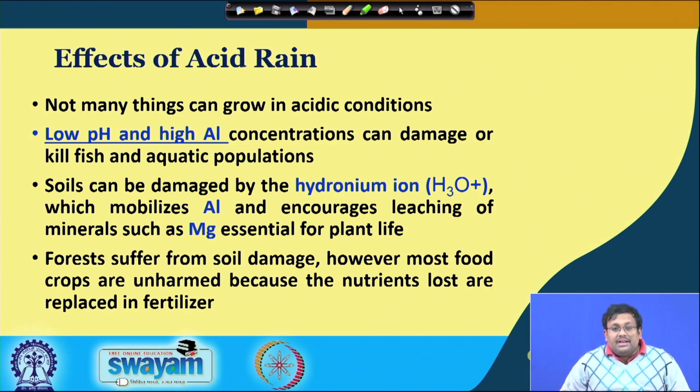Forests suffer from soil damage. However, most food crops are unharmed, because the nutrients lost are replaced by fertilizers. In the case of forests, the soil fertility is not replenished, because we do not apply fertilizer there. As a result, the worst affected areas due to acid rains are the forests.